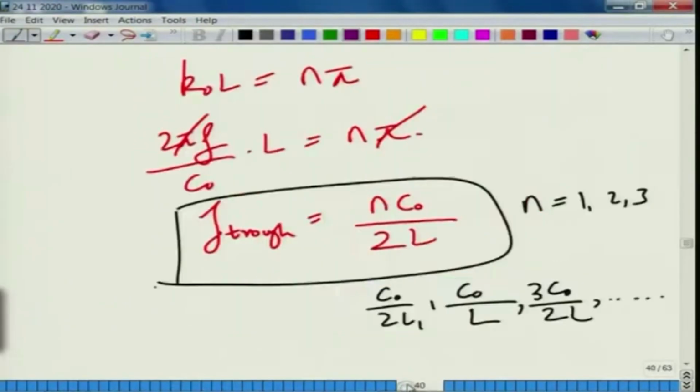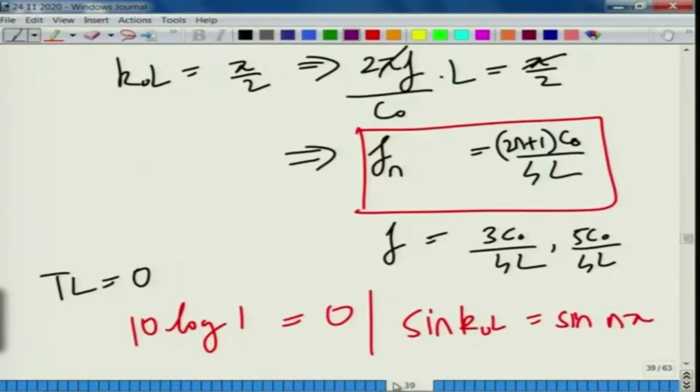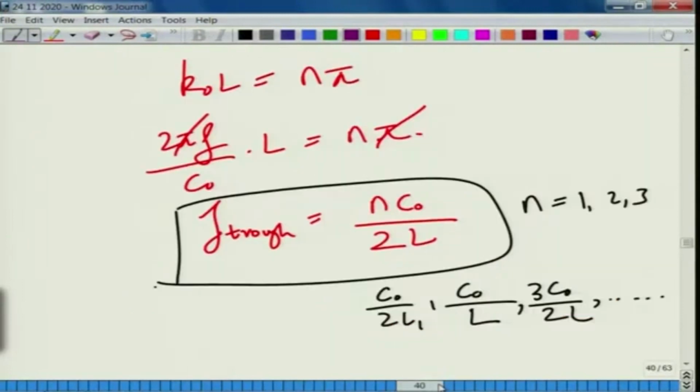I am not going to derive that again, I will just mention it. Those were the frequencies given by 3 C naught by 4 L, 5 C naught by 4 L, and of course, the first frequency is C naught by 4 L. We get all these where we get the maximum transmission loss, and on the other hand, at the troughs we get 0 transmission loss.